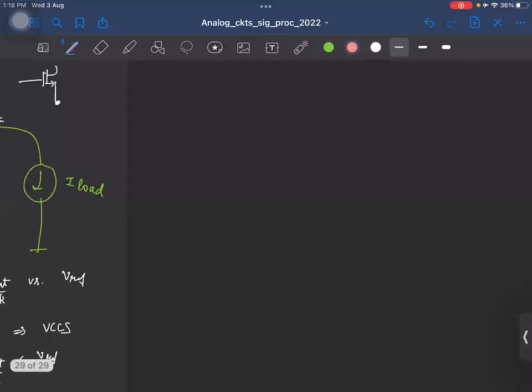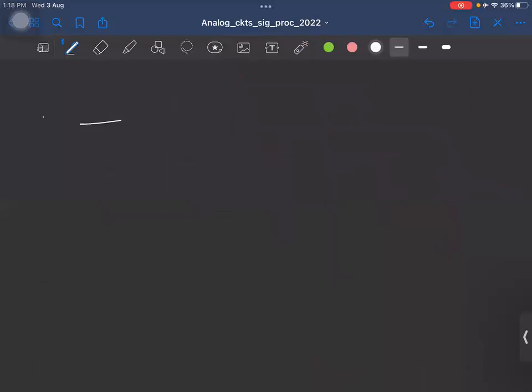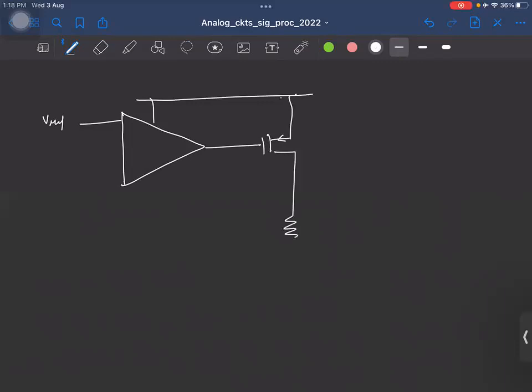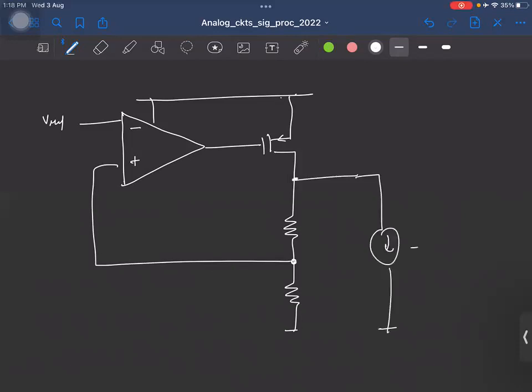So let me just draw the final circuit and finish today. So this is the final circuit. And this is positive and this is negative. So this is V out and this is the load current here.